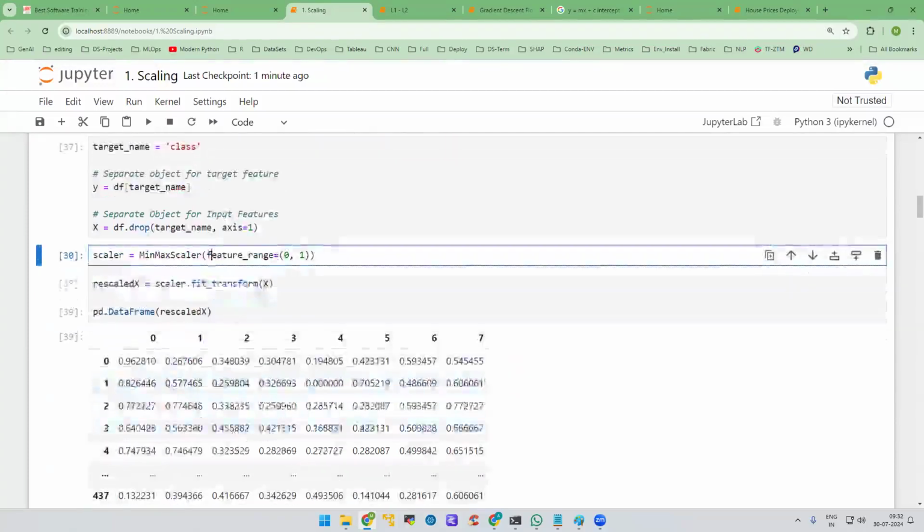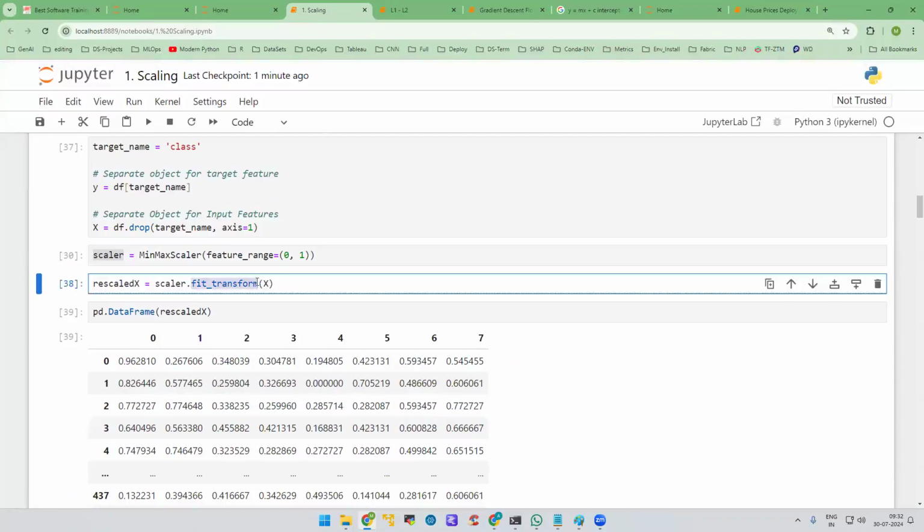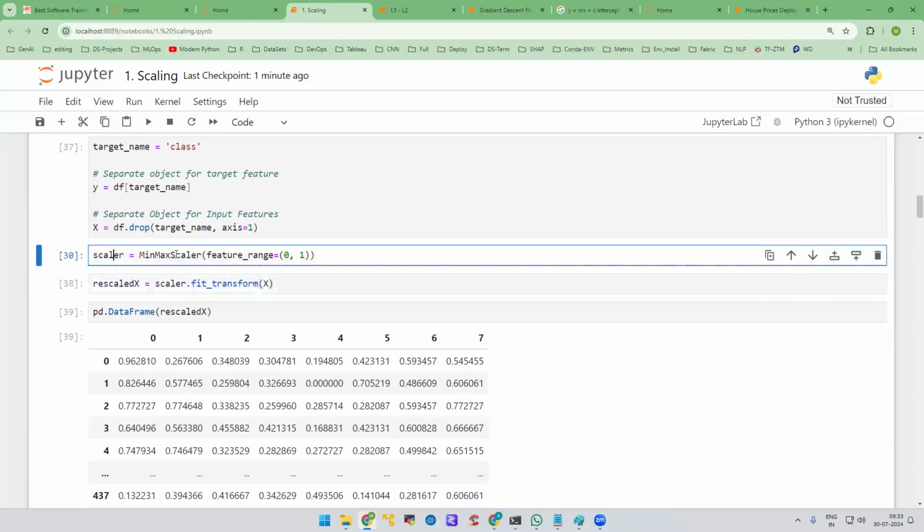All the values are going to be between 0 and 1. We consider it as if it is an algorithm, and fit transform is the one that we apply for pre-processing steps. Usually for the final model, we apply only fit. Whereas fit transform is used here; this is an algorithm in fact, but it's not for generating models, it's for data pre-processing.